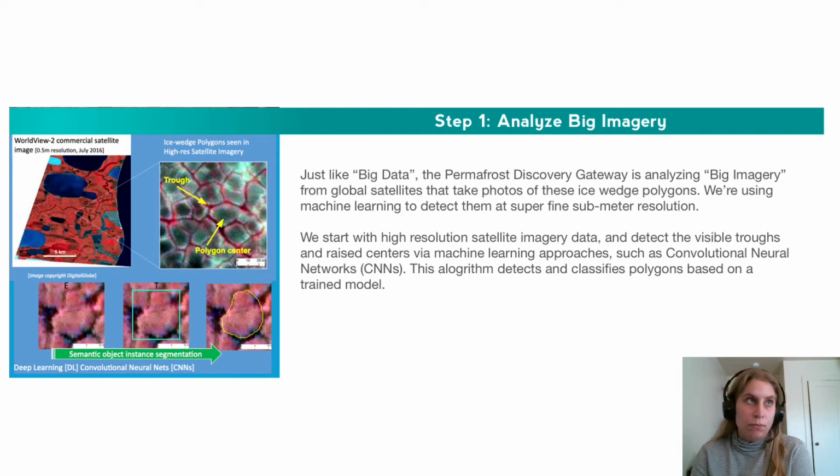So we start with one of these satellite images and we detect the visible troughs and the raised centers via machine learning approaches such as convolutional neural networks, CNNs. And this algorithm is trained with polygon data, and then it can automatically run and detect them on its own.